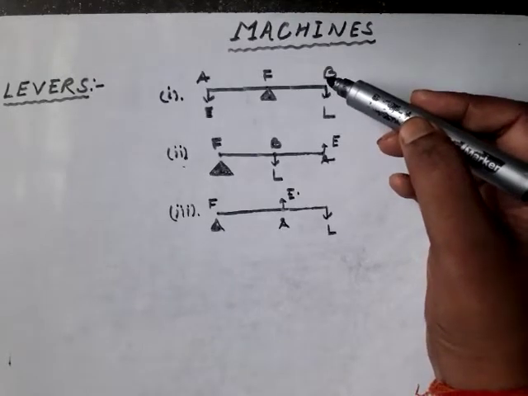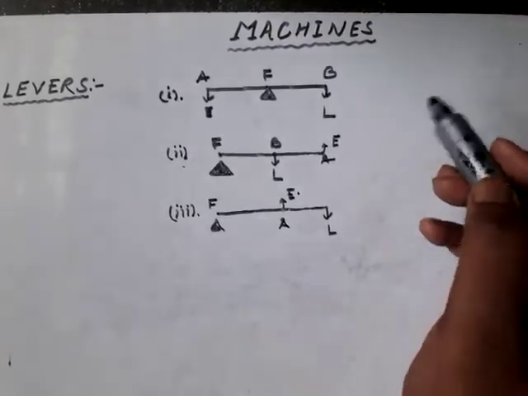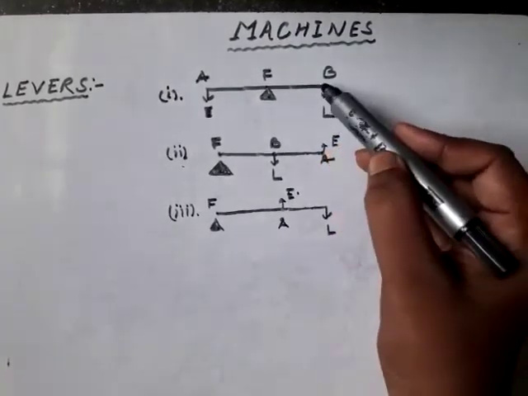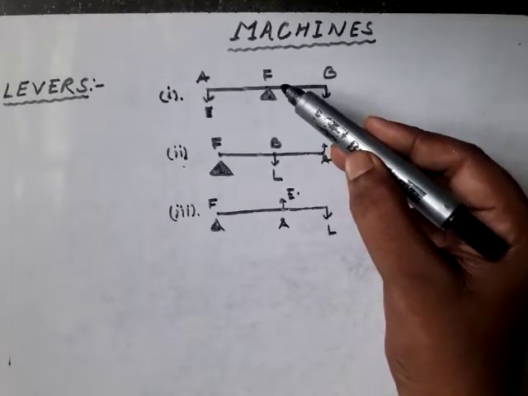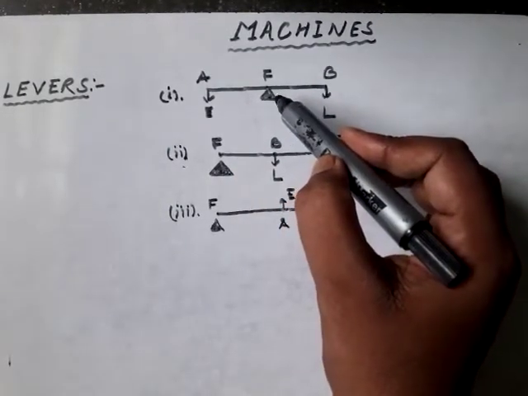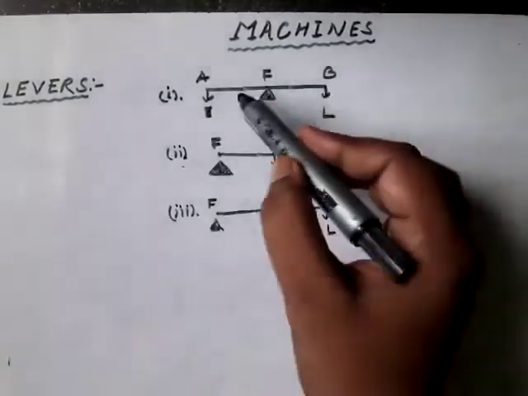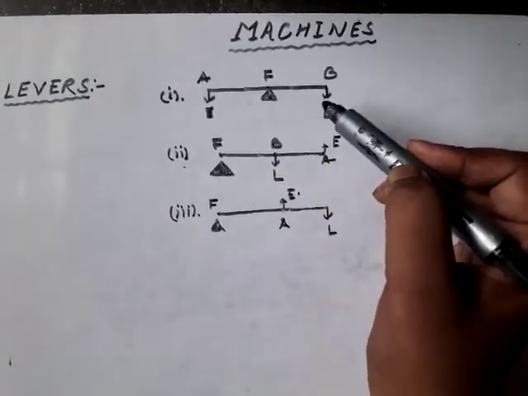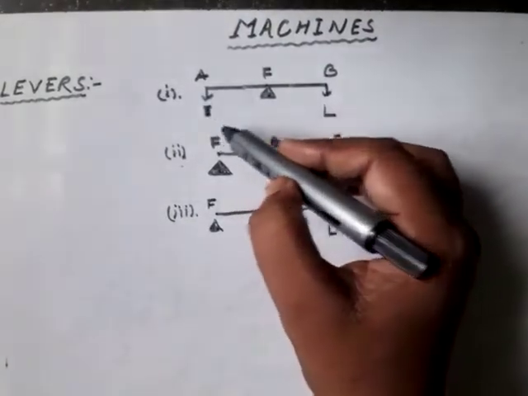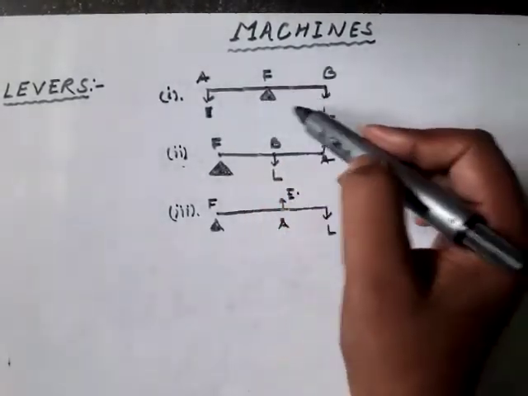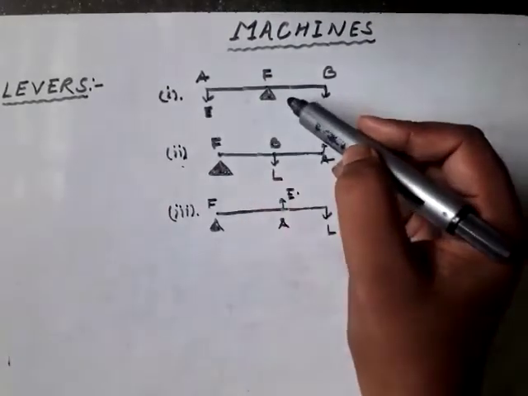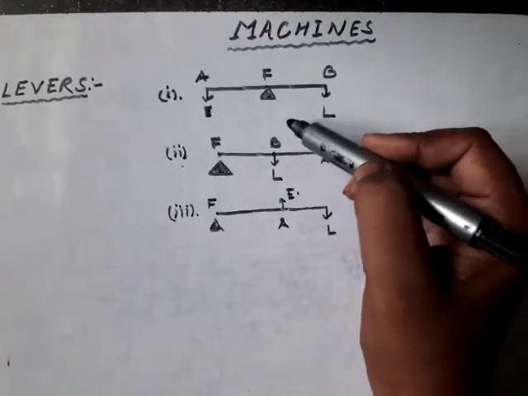In order to be in equilibrium, the moment of load about the fulcrum must be equal to the moment of effort about the fulcrum. These moments must be in opposite directions: if one is clockwise, the other will be anti-clockwise, and then it will be in equilibrium. All the turning effect is about the fulcrum.